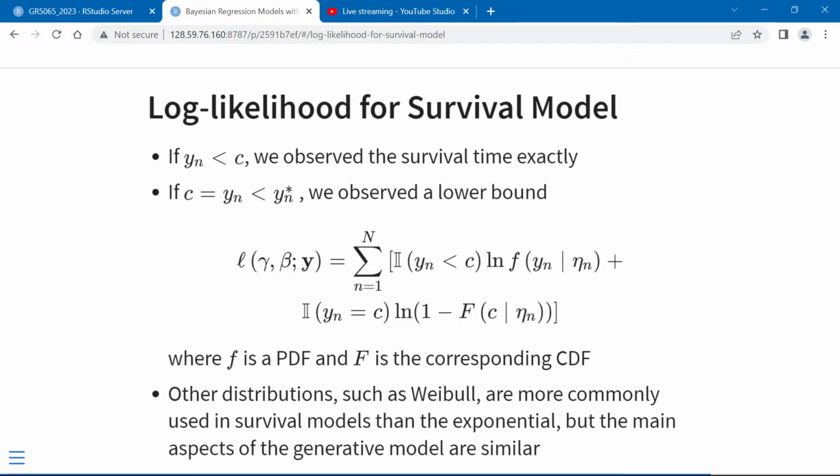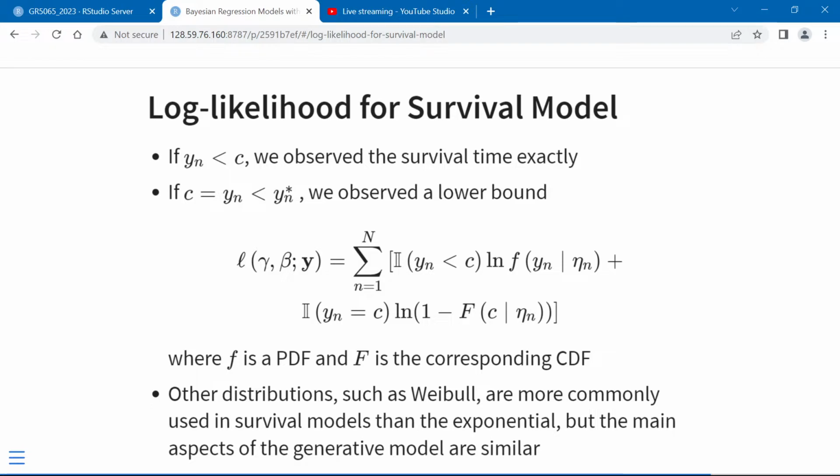But if yn is equal to c, which is to say person n is not dead yet by the time the study ends, then we add the logarithm of 1 minus the CDF evaluated at c, the logarithm of the probability the person survives longer than c given their eta, or the anti-log transformation thereof.